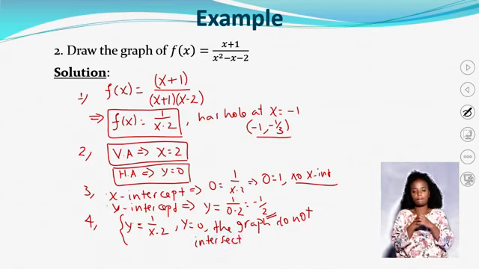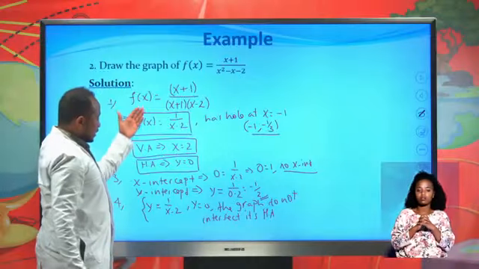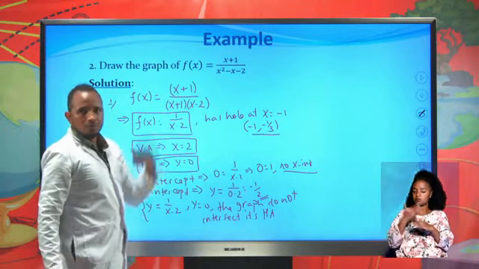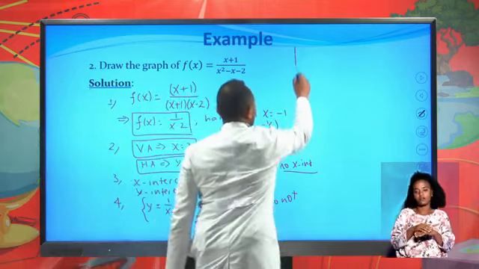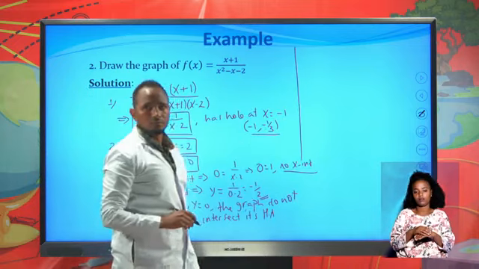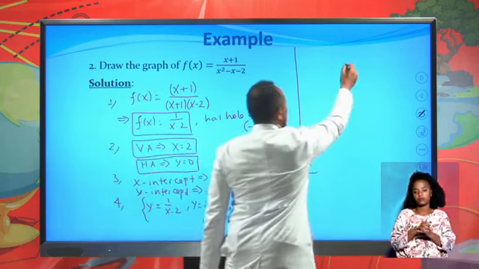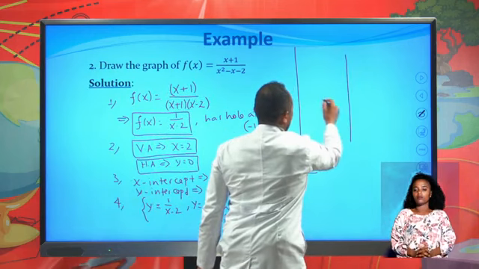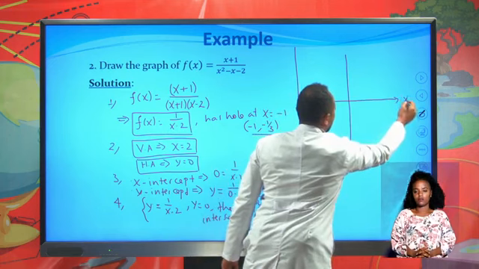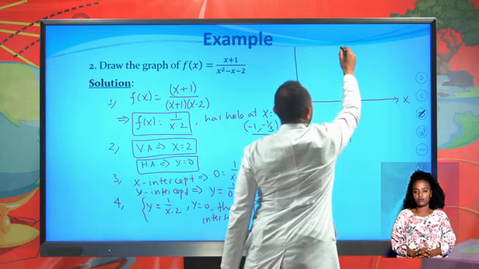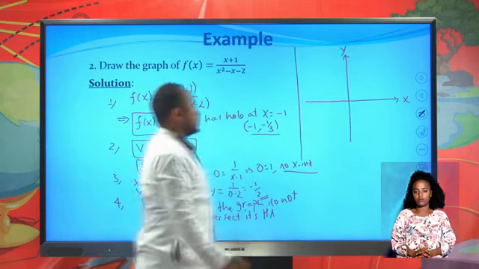The graph does not intersect this horizontal asymptote. So, after this, we'll draw the graph. Let's draw the graph here. Okay.